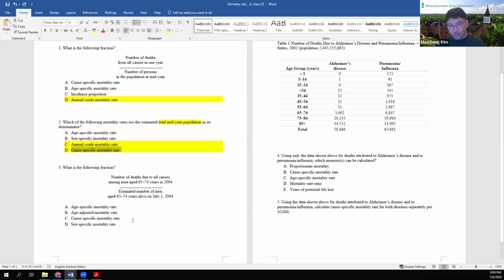No, which we will work on in the next chapters. So the answer should be age-specific mortality rate. As you can see, these are certain age groups. Okay, so moving on to the next two questions.